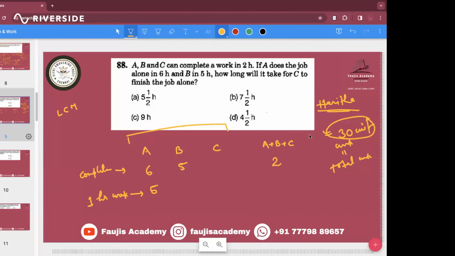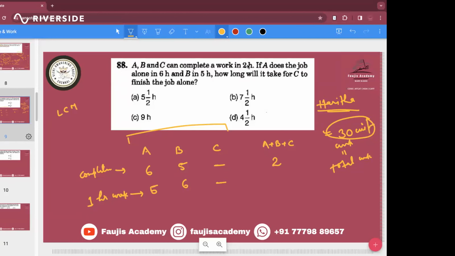So far with me, guys? And B, if he was able to finish in 5 hours, that means in 1 hour he was doing 6 units of work. For C, we don't have any information as of now. But for A plus B plus C, we have the information.